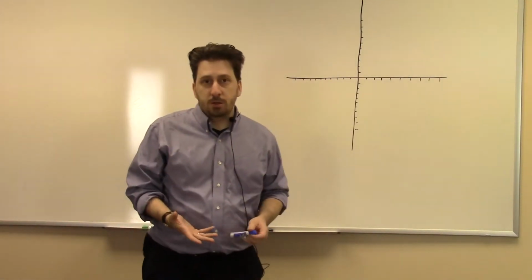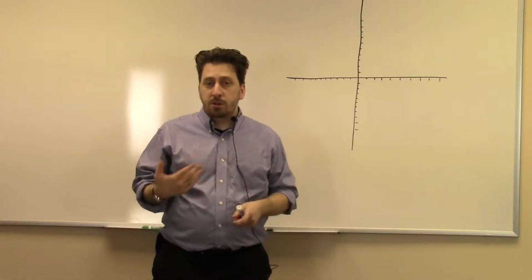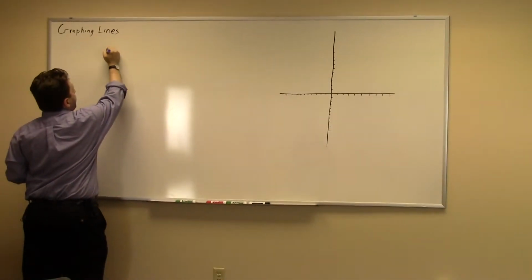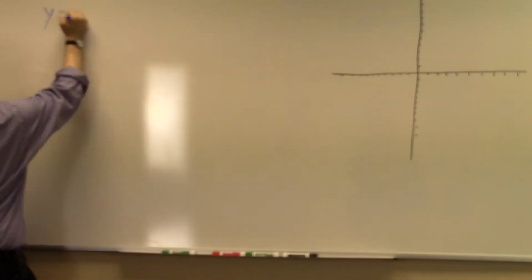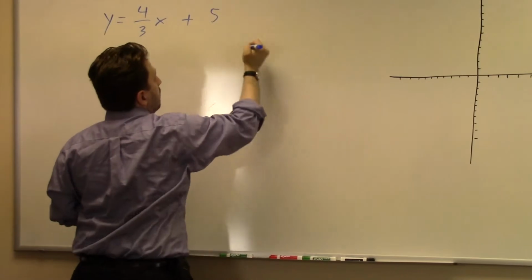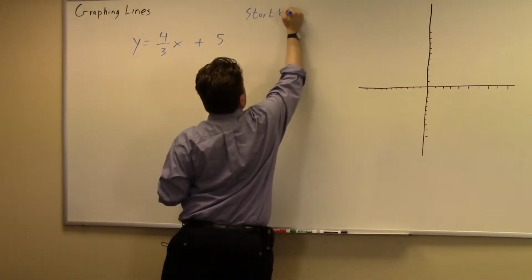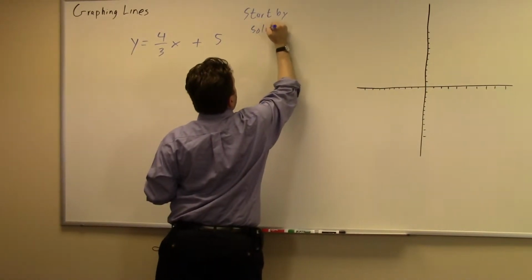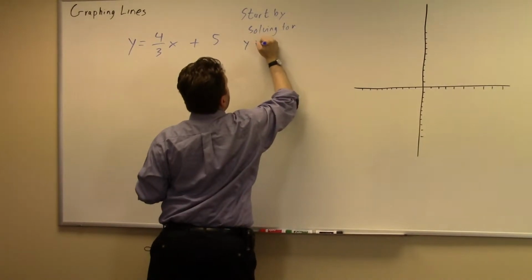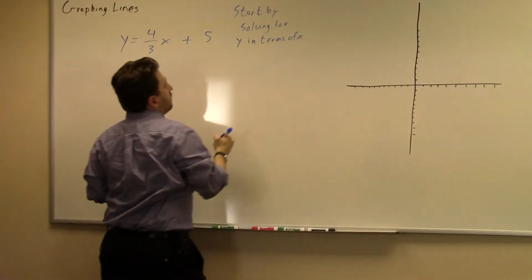So I have a different technique that I like to do that I've been very successful with, and this is the way it goes. The first place you want to start off with is you take your line, and you start by solving for y in terms of x.